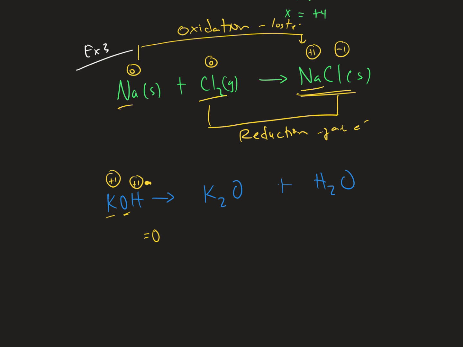That might be an easier way to go about it. So that means +1 plus whatever it is for oxygen plus another +1 equals 0. So what's oxygen's oxidation number? It has to be -2. Does everybody see that? If you don't, just do the algebra. We can add these two together. We have 2 plus x equals 0. Subtract 2 from both sides. x equals -2.